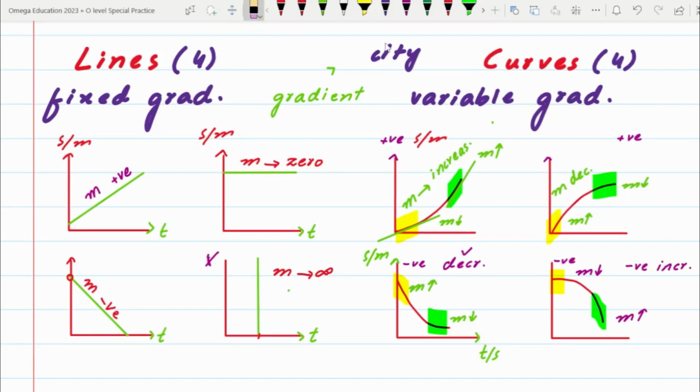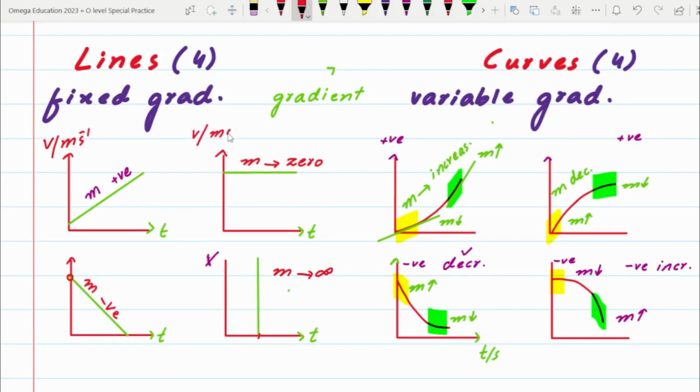In the second part, now assume that all of these graphs are not displacement time graphs, rather these are velocity time graphs. Like I said, if the object is traveling in a straight line, you can call it a speed time graph as well.